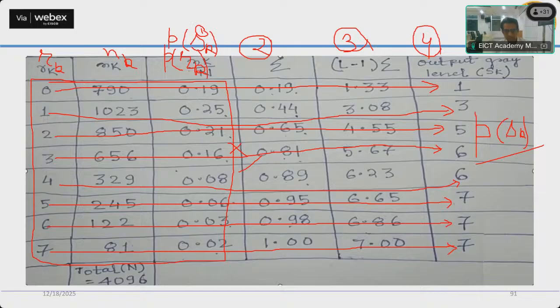We have seen how we calculate PR of K. So can we calculate PS of K when this is given? That's what I want to emphasize. How should the sum of SK values be calculated?